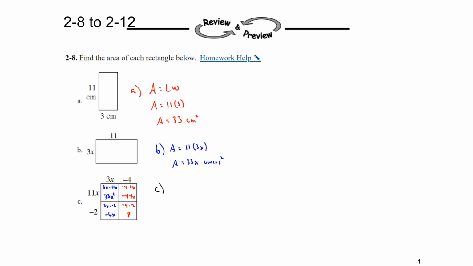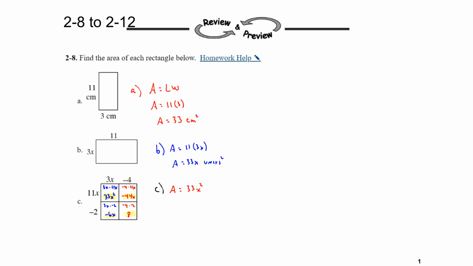So I'm just going to highlight real quick. This is the area of each of the individual rectangles that we're looking at. And so if we add those all up, then the area is equal to, now we want to combine only the like terms. So 33x squared, there's no other x squared, so we can't combine anything there. We can combine those two.